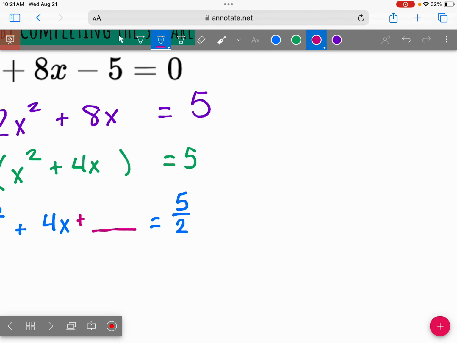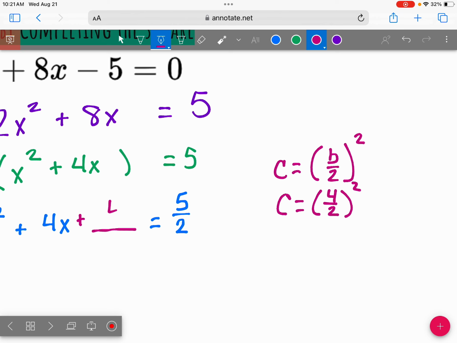So our c term needs to be our 4 over 2 squared, which is 4. Whatever I do to one side, I have to do to the other in order to keep my equation the same. So I pick the 4 and then add it to both sides. It is something we pick.